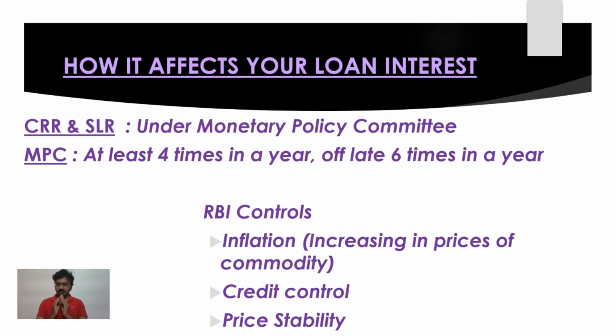So if the inflation keeps on increasing, it is not good for an economy to grow. So RBI plays a role here by increasing or decreasing the interest which the banks charge on loans.